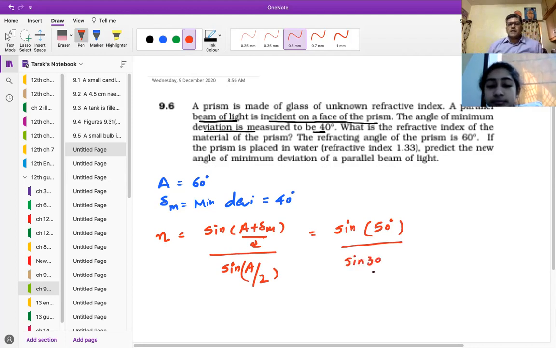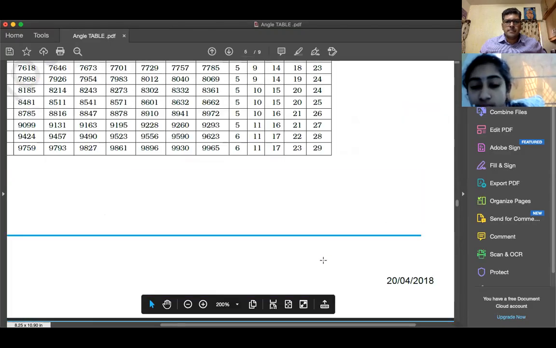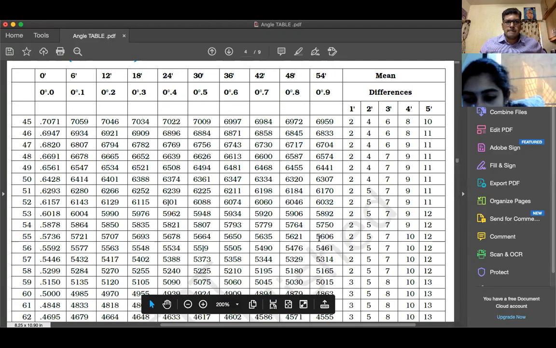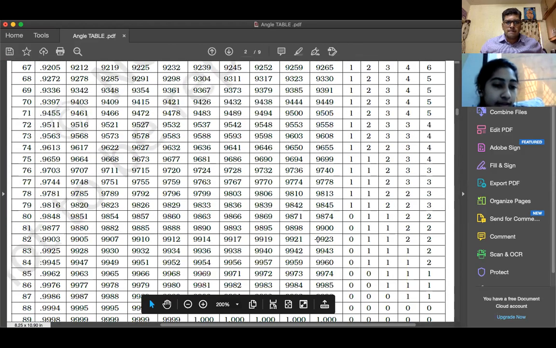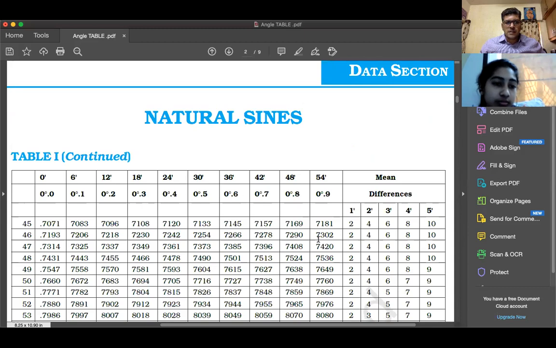So we will find sine 50 degrees, and sine 30 is 1 by 2. Now sine 50 degrees, natural sine, my value is 0.7660.